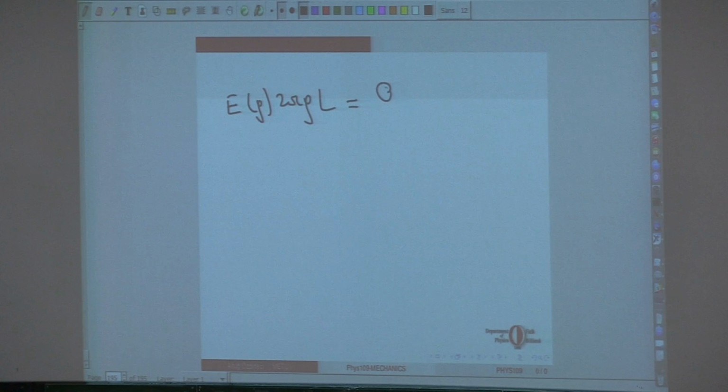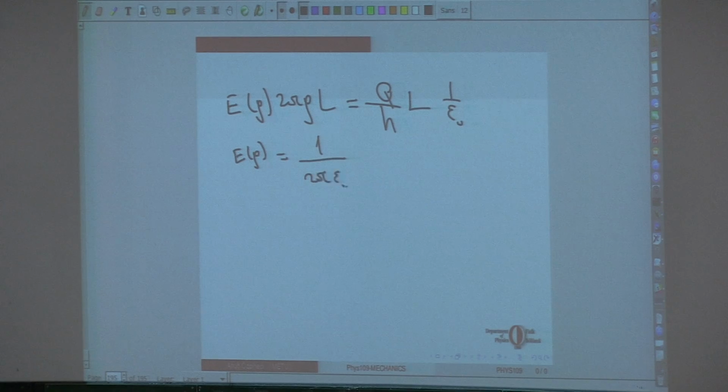I have a total charge Q in the inner cylinder. It is distributed over a length h, but my Gauss surface only contains the length L of this, times 1 over epsilon 0. So we know that E of rho is equal to 1 over 2 pi epsilon 0 times Q over h times 1 over rho.